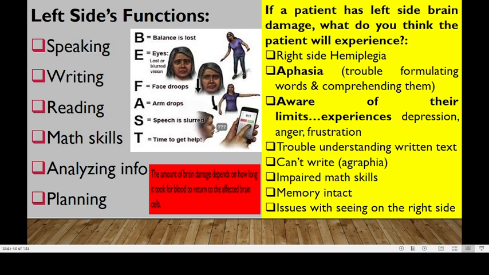On the left side, guys, left side functions are involved in logical things like speaking, writing, reading, math skills, analyzing information, planning, okay? So if a patient has a left side brain damage, how will they appear? Remember, the left side controls the right side, okay?